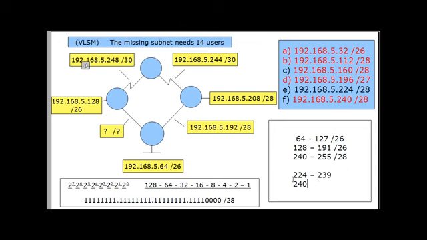So we know it would go from 224 to 239, 224 being the network number, 239 being the broadcast number, and /28, right? And we look around here and we can see that for 224 to 239, there are no other networks that occupy that address space, right? So it would work.